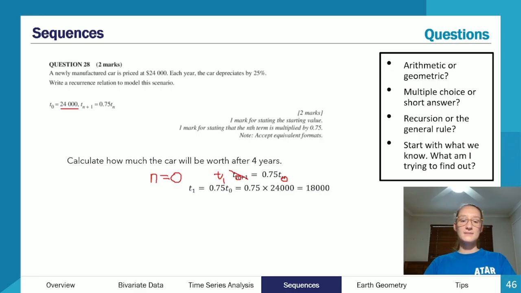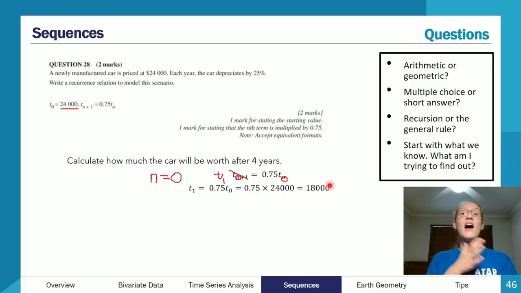So T1, like I've already said, equals 0.75 times T0. And because we know that T0 is the exact same as $24,000, because that's what equal means, they're balanced, they're the same, we can substitute T0 for $24,000. So what's 25% less of $24,000? Well, that's $18,000.